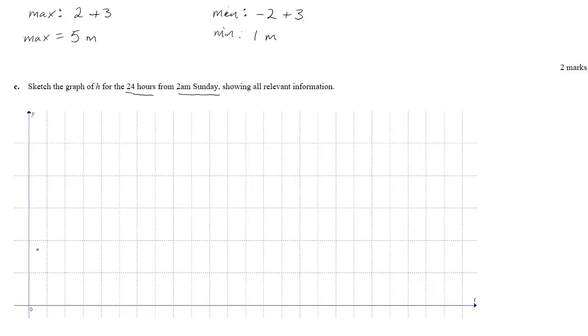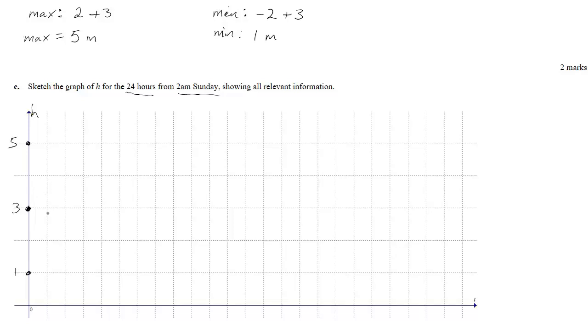We also know how far up this graph has been shifted. So it starts off from 3 because that's the plus 3 that we worked with before. And we'll write this in terms of height. So the middle value is 3. The maximum should be 5. And the minimum value down here should be 1.